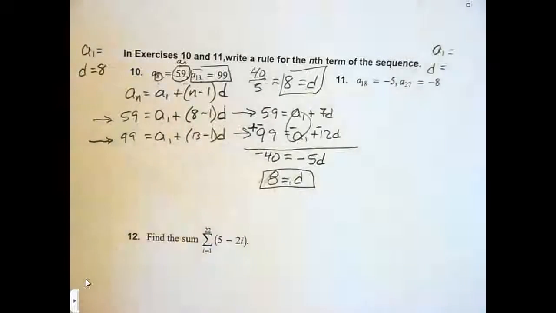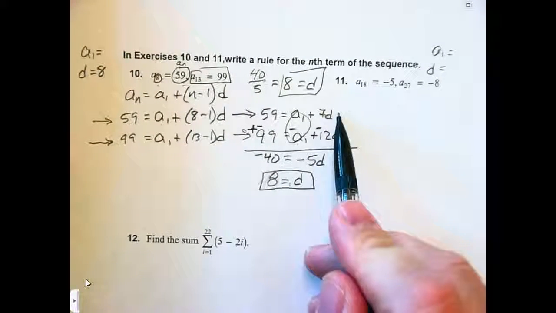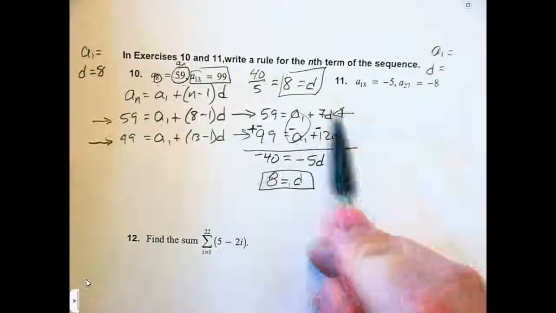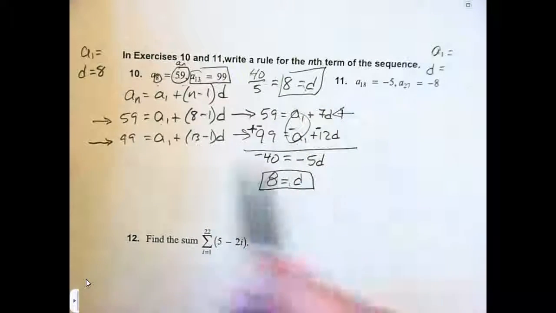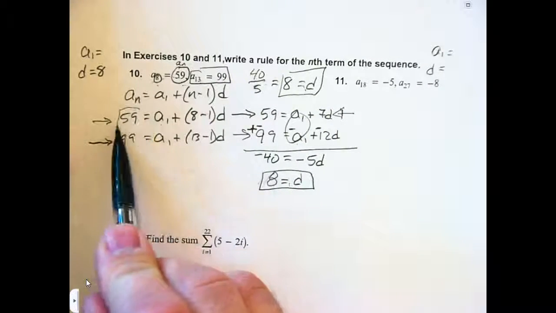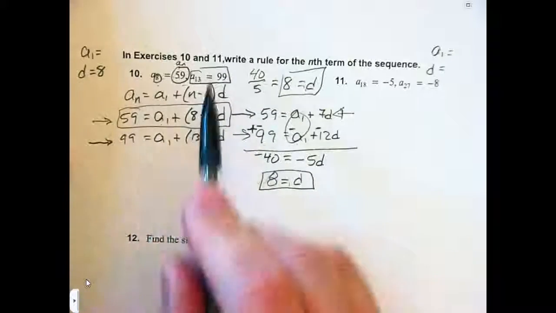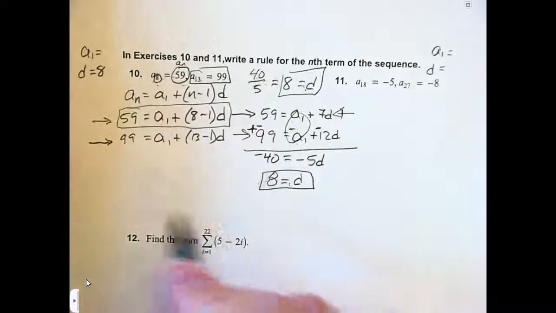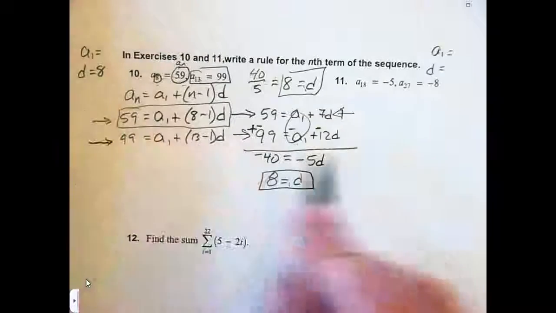Emily. Yeah, you could plug the 8 into one of these two equations. So if you were to use this method, you at some point would at least have to go to one of these equations and write it out and plug in the 8 for the d.